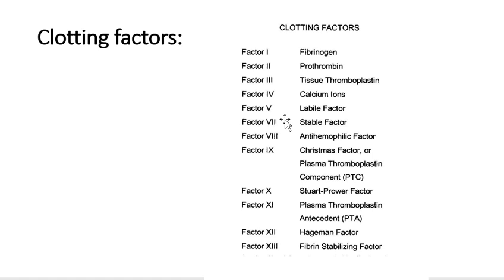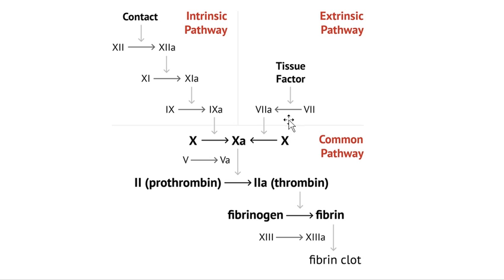Now let's see how, via the extrinsic and intrinsic pathways, fibrin is ultimately formed. This is the coagulation cascade which we were talking about. Here, the intrinsic pathway: when blood comes in contact with a surface, factor 12 is activated, which further activates factor 11.